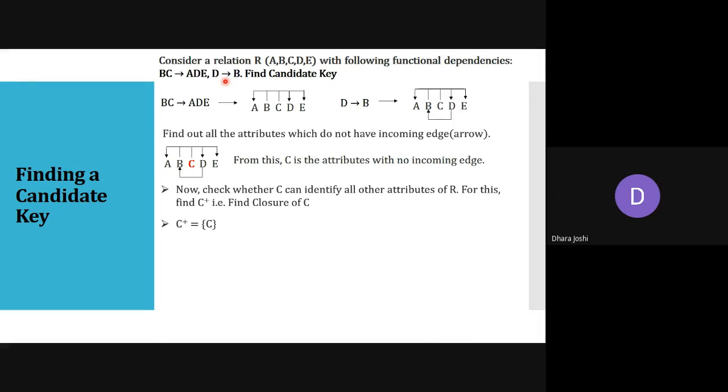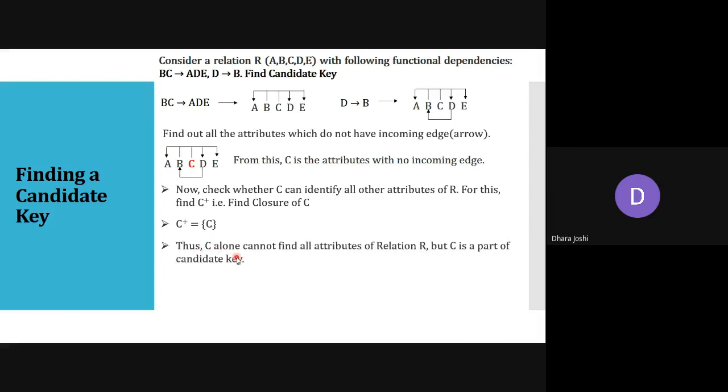So the closure set of attribute C will be only C. Now we know that if attribute C alone cannot make the entire relation, then this cannot be a candidate key.